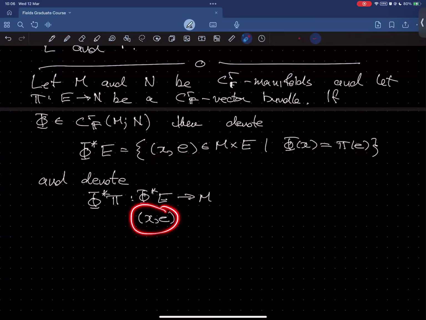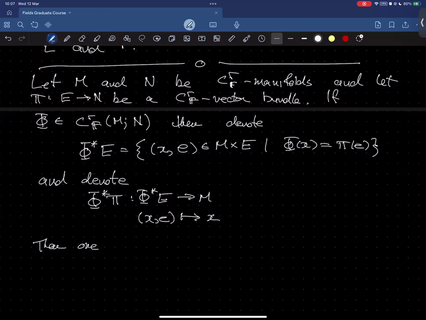So when I write these points, I'm bearing in mind that they need to satisfy this relationship to be in here. So this is just x, just the projection onto the first factor. I might chat a few words about it, but I'm not going to do anything more than that.